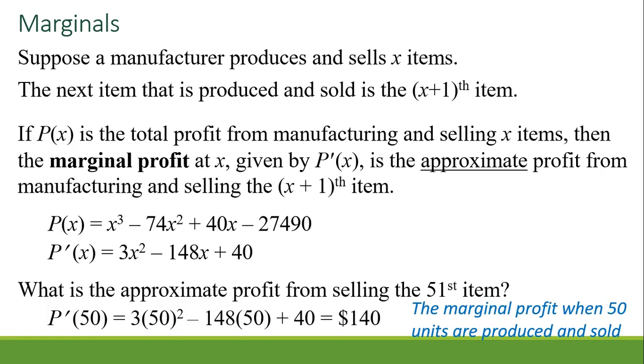So the marginal profit when 50 units are produced and sold is $140, which means we will get an approximate profit of $140 for selling the 51st item.